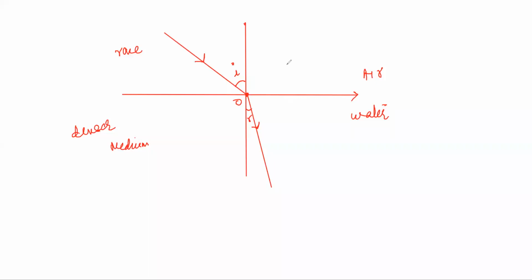The path of light is changed. This is the refraction basically. Light is traveling through two different densities of transparent medium, so light suffers two different refractions.